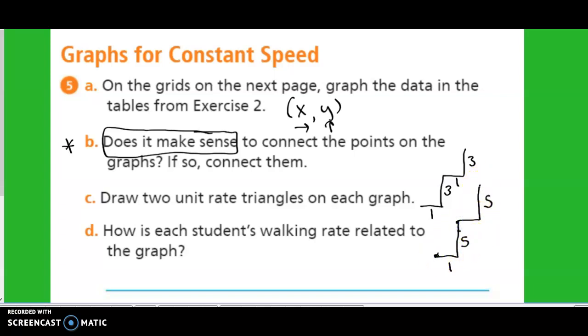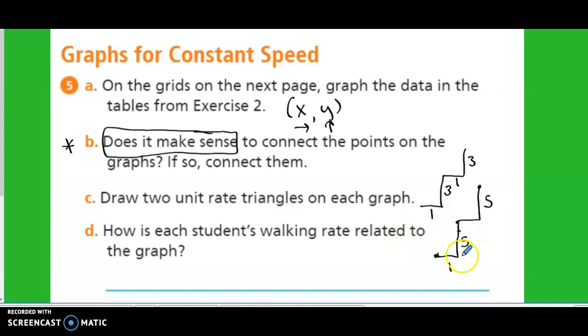And that goes back to unit 1 that we studied in late October and early November, unit rate triangles. How is each student's walking rate related to the graph? I'm just going to give you an answer to this question. Determine which student is walking faster: the line will be steeper.